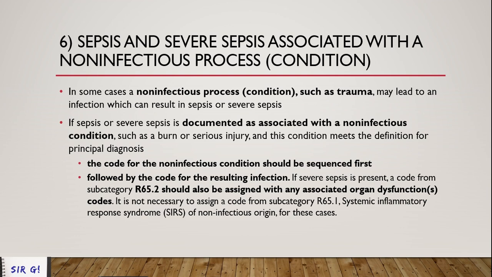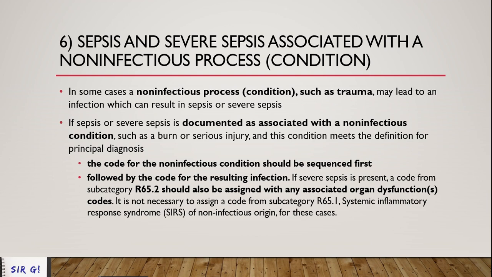If sepsis or severe sepsis is documented as associated with a non-infectious condition such as burn or serious injury, this is a common case, and this condition meets the definition for principal diagnosis, the code for the non-infectious condition should be sequenced first, like your burn or your serious injury, followed by a code for any resulting infection that may happen. And if severe sepsis is present, a code for R65.2 should also be assigned with any associated organ dysfunction.